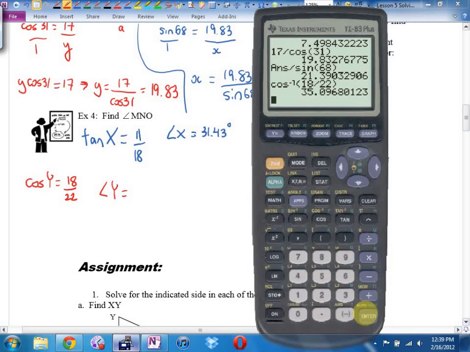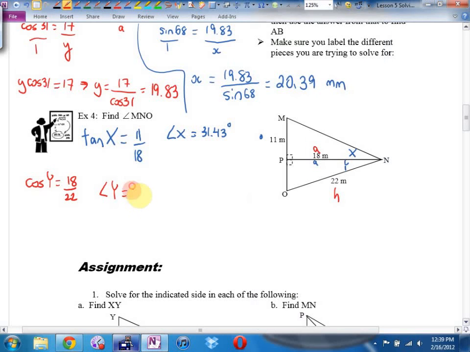Of course, none of that was what they wanted me to find. What they really wanted me to find, Johnson, was this. Angle MNO. How big is angle MNO, my friend?